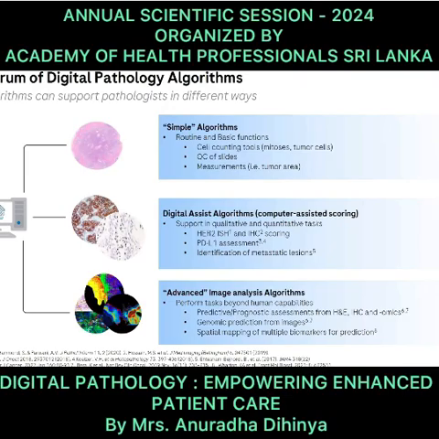Initially, we were doing algorithm scoring for single markers. Going forward, you will be seeing multiplex IHC assays. When I'm talking about multiplex IHC assays, it means IHC staining has been done with more than two markers, on six markers, or 8 markers, or 12 markers, all stained on the same slide.